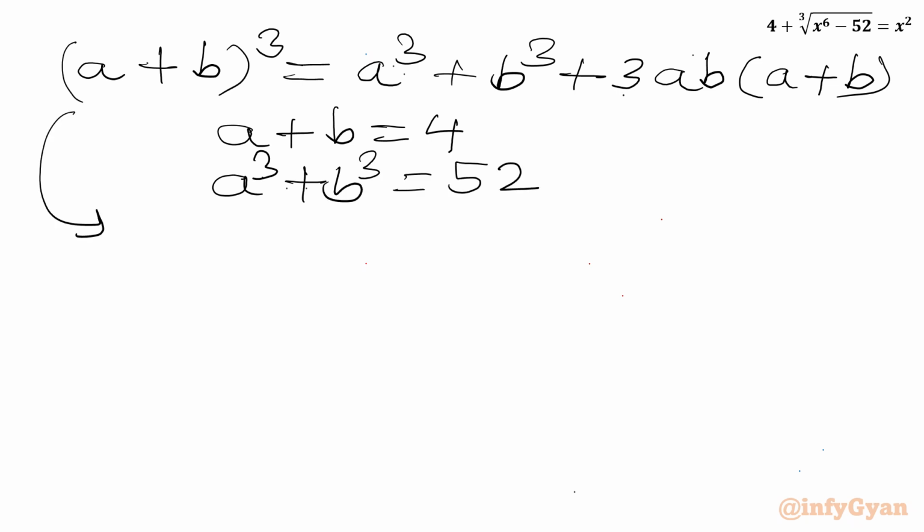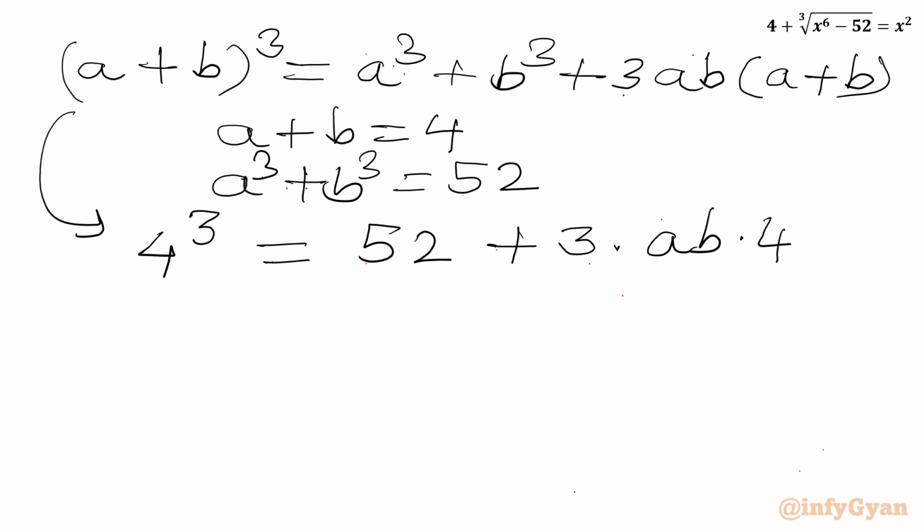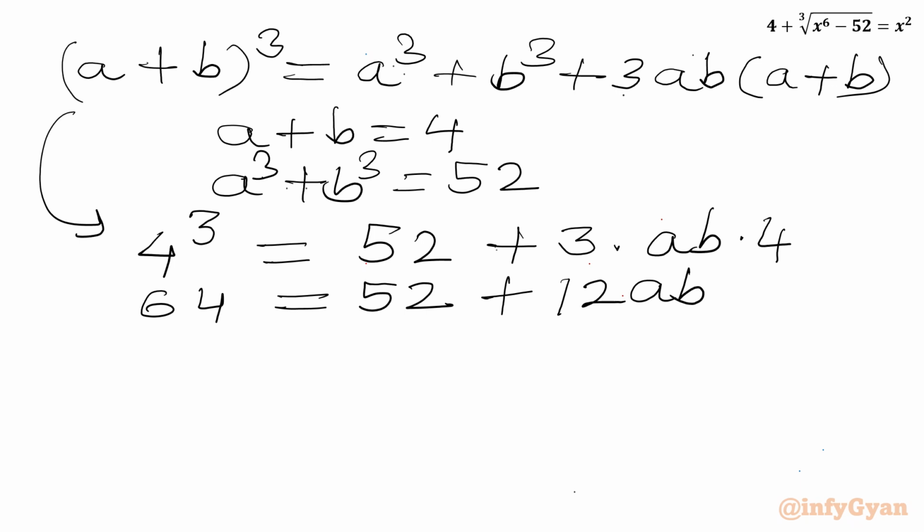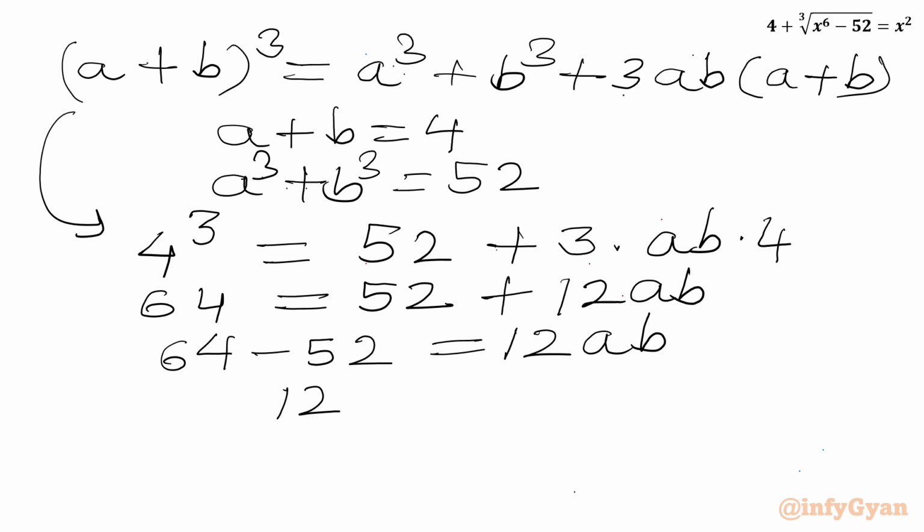So we will get a plus b whole cube, 4 cube, equal to a cube plus b cube, 52, plus 3 times ab times 4. So 64 will be equal to 52 plus 12ab. 64 minus 52 will be equal to 12ab.